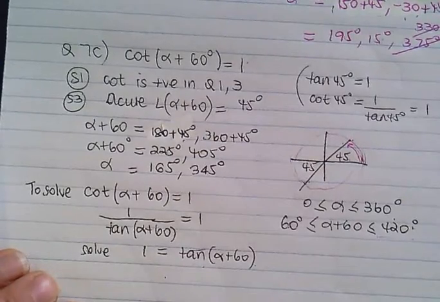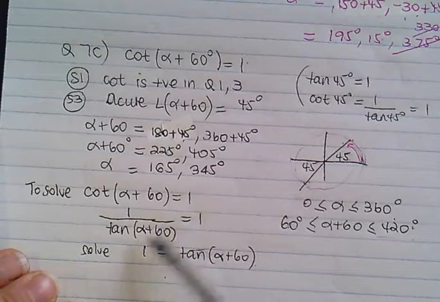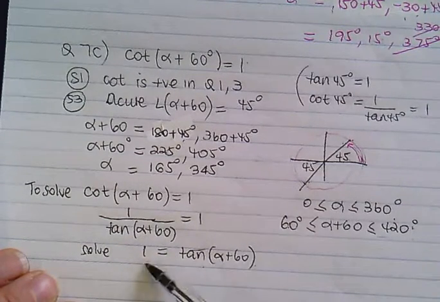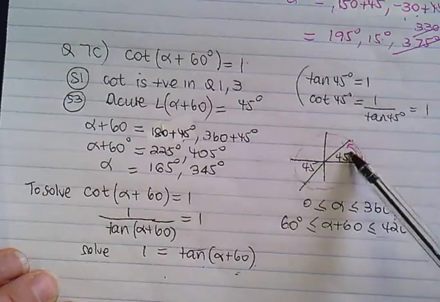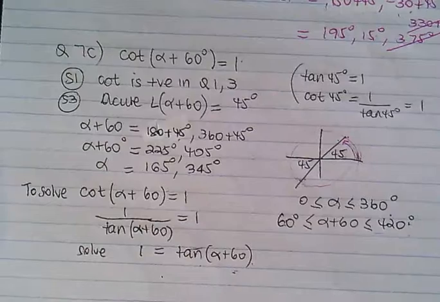Tan of alpha plus 60 is 1. See, because cot of alpha plus 60 is 1 over tan of alpha plus 60. Do a half cross multiply. Tan of alpha plus 60 is 1. That's what you're really solving, which is what we drew. And then you could continue with that. All right? I think that might be safer.